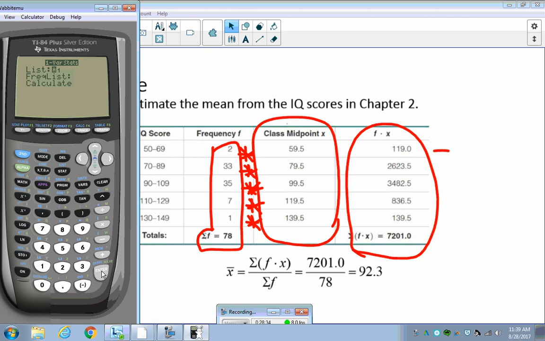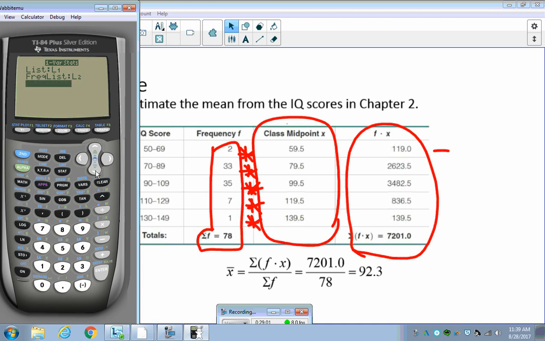Those of you who have this one, like mine, your list is L1. You're going to cursor down, and where it says the frequency list, well, we put frequency list in L2, so I have to tell it L2. That was second, and then the number 2, we'll type L2.